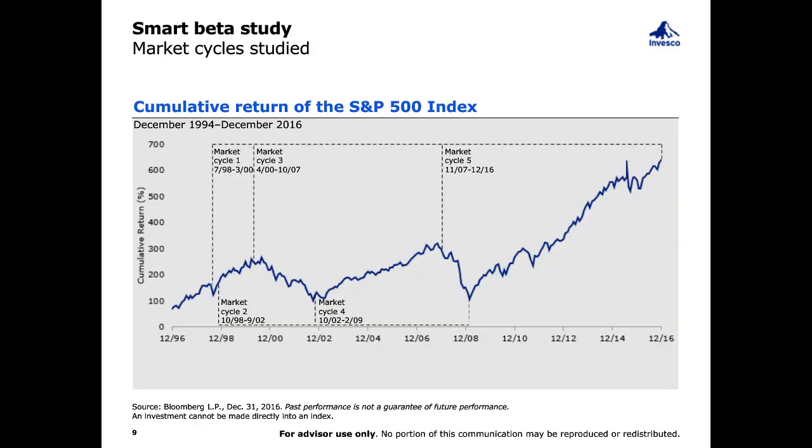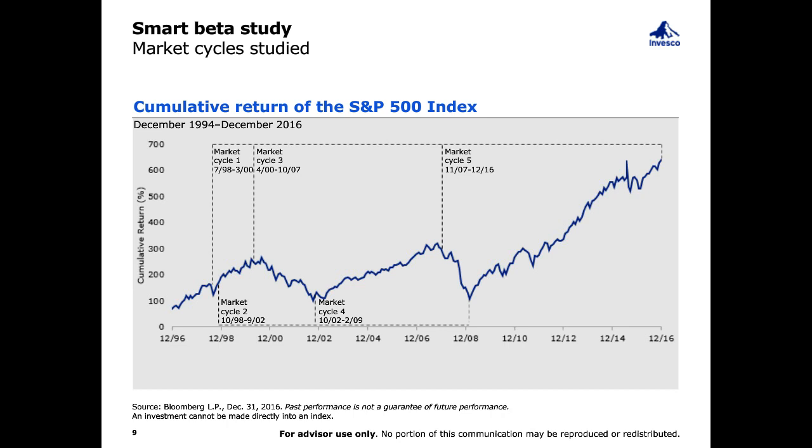Within the study period, we examined 5 distinct full market cycles as shown above. These market cycles cover peak-to-peak and trough-to-trough environments. We use the S&P 500 as a market cap weighted U.S. equity benchmark and the MSCI EAFE index as the market cap weighted international equity benchmark for international developed countries.